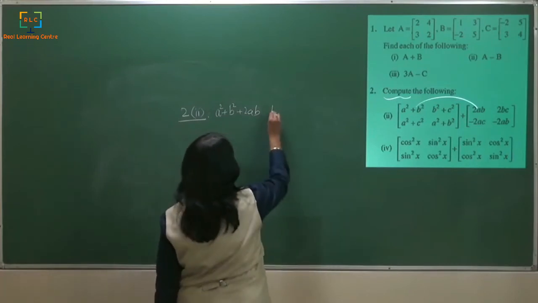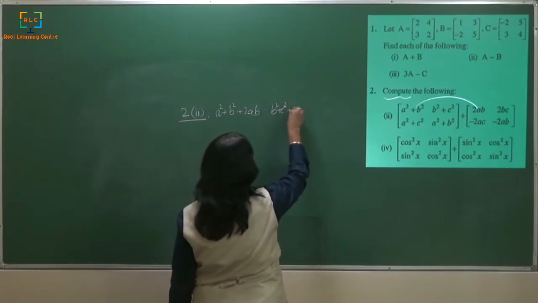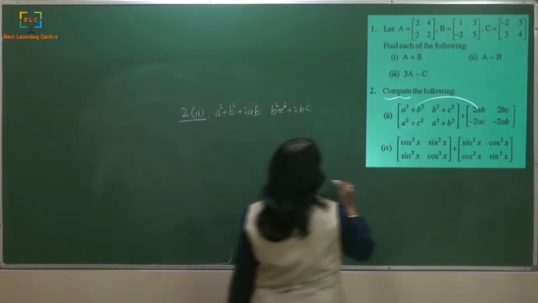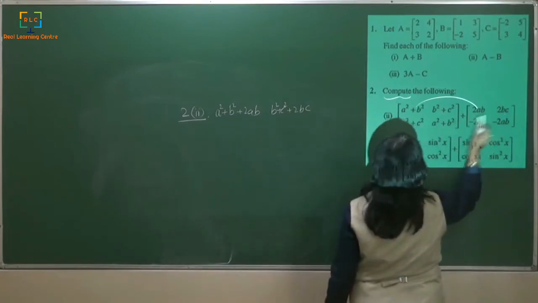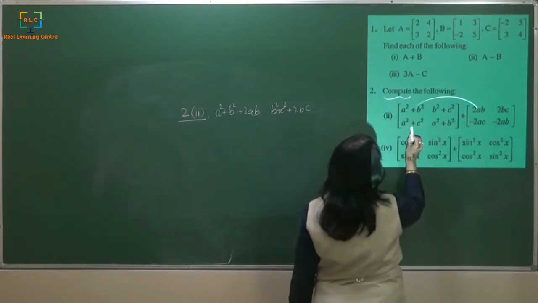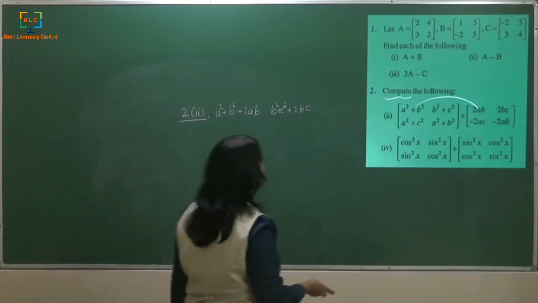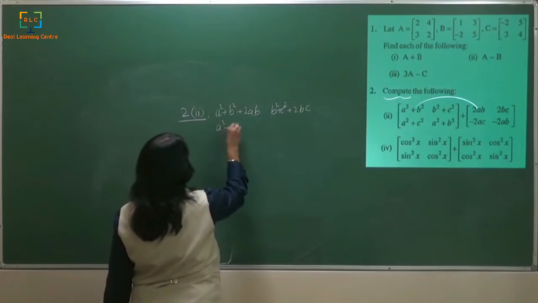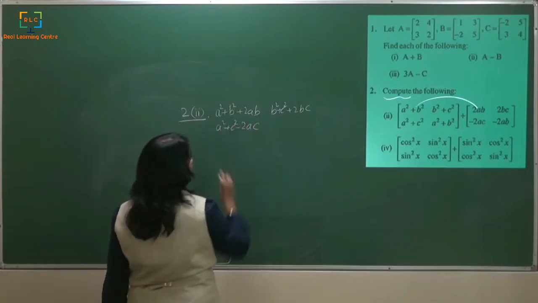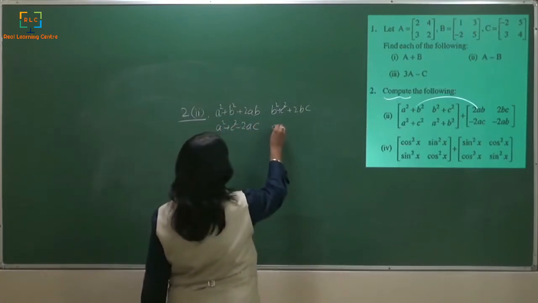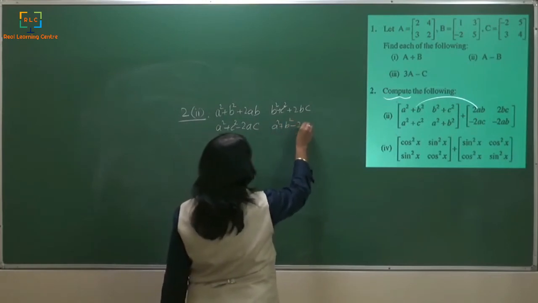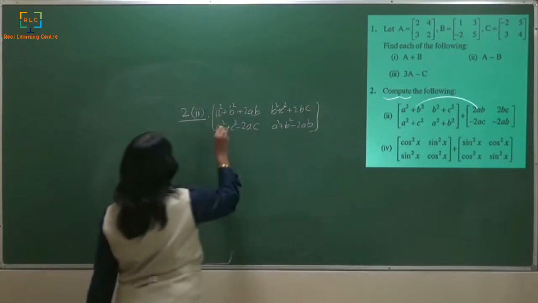Next I'll take b square plus c square plus 2bc. That is the second, a12 and a12 I have added. Next I'll take a21 and b21. So a square plus c square minus 2ac, and the other two elements are a square plus b square minus 2ab. Okay, now what do you see in this actually?